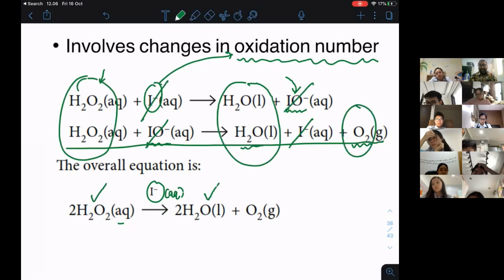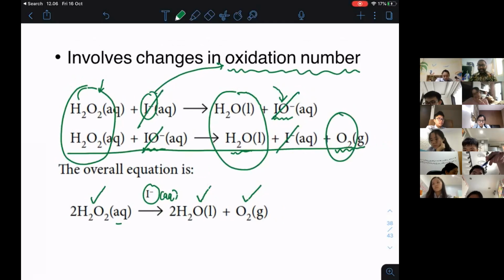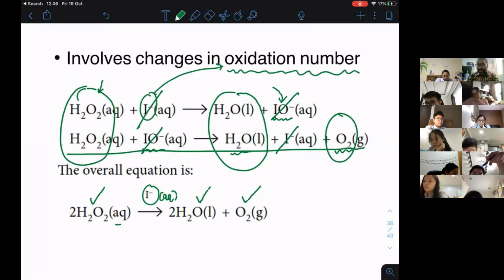In this case, the catalyst that you put appears that it doesn't get used, but it does get used. It means there is a chemical change. Whatever you learned in the past, that they do not take part in the reaction, actually they do take part in the reaction.